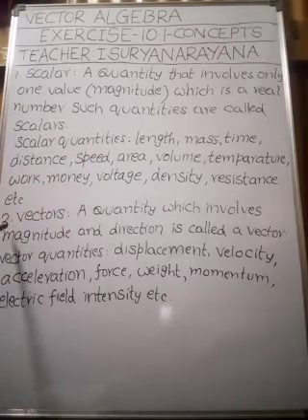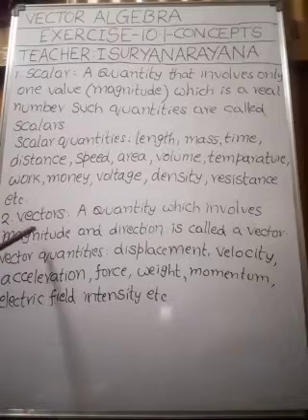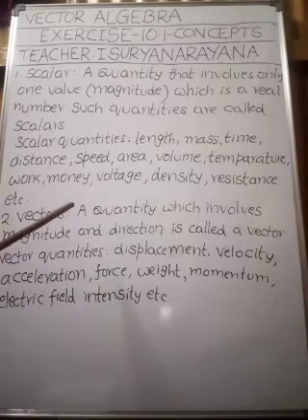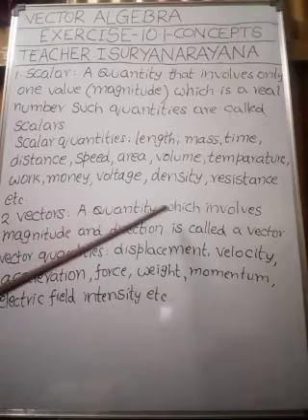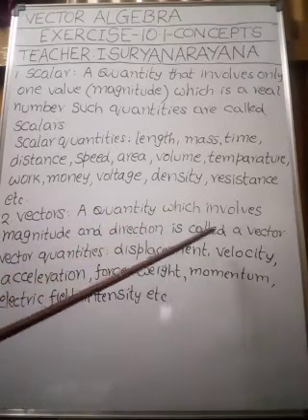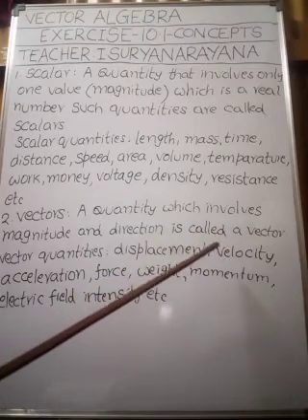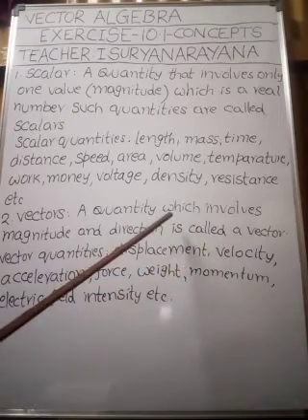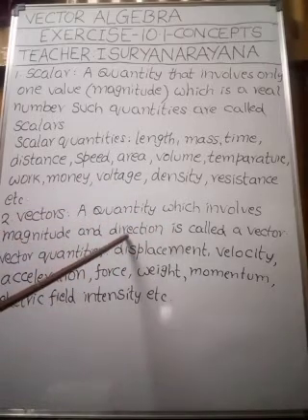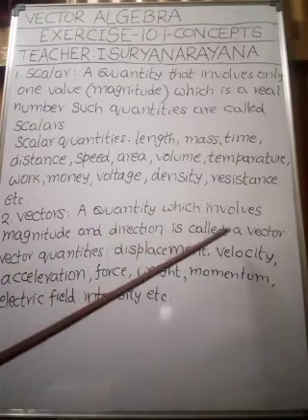Right. Come to the vectors. What are vectors? Which physical quantities are called vectors? A quantity which involves magnitude and direction is called a vector. Understood this point, my children? A physical quantity which has magnitude as well as direction is called a vector.